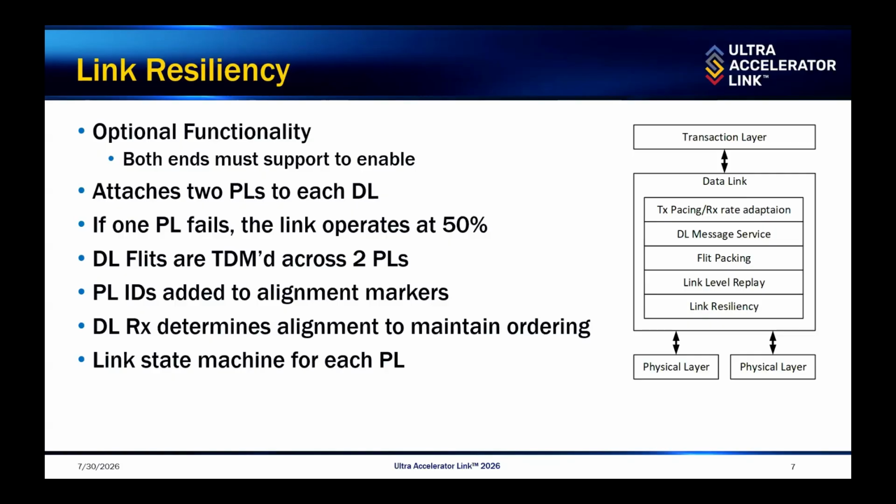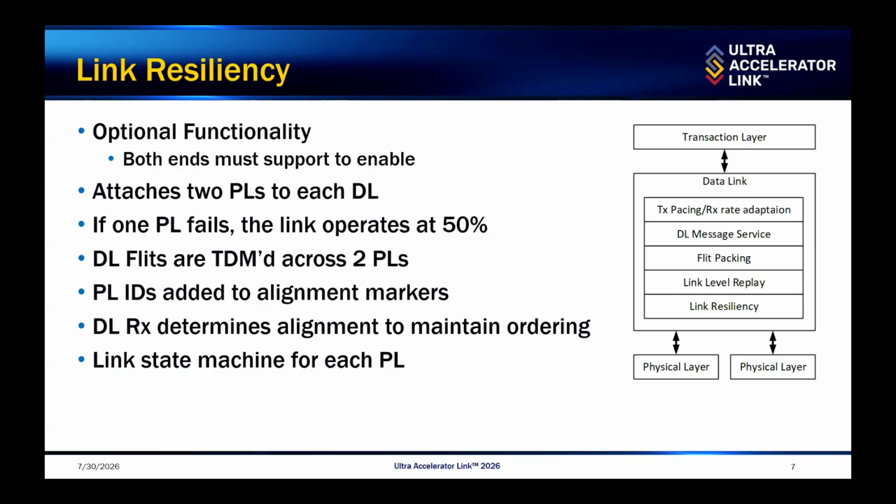One other thing we needed to do was add physical layer IDs to the alignment marker control flits. We took one of the bytes there and added which physical layer it's from, and that's recorded on the receive side to determine the ordering of the flits when they're merged back into a single stream for the data link layer logic.